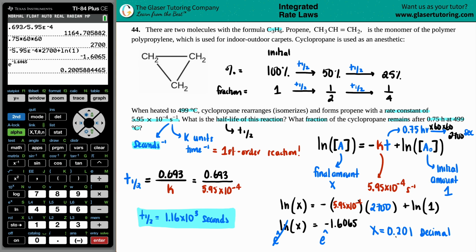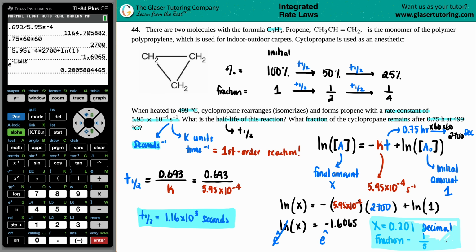So if you have 20, you only have 1 out of the 5 components. So the fraction form here would be 1/5, or very, very close to 1/5. If you want the exact amount, it's going to be 0.201. But if they said specifically what fraction remains, we're just going to round a little bit, and 0.2 is 1/5.